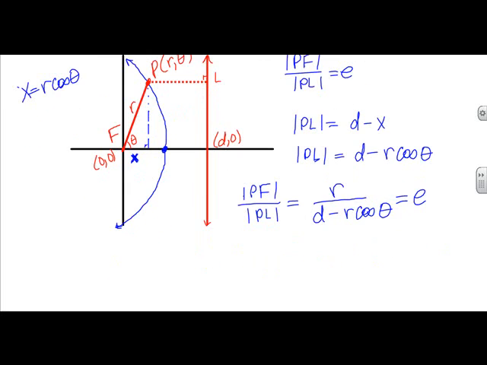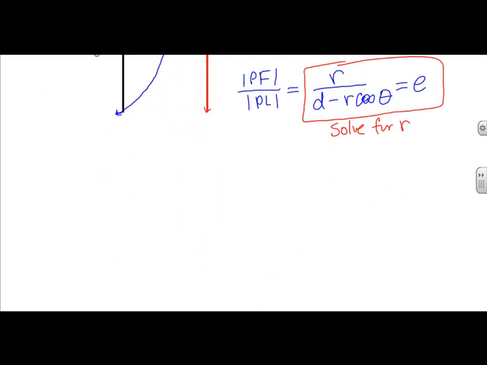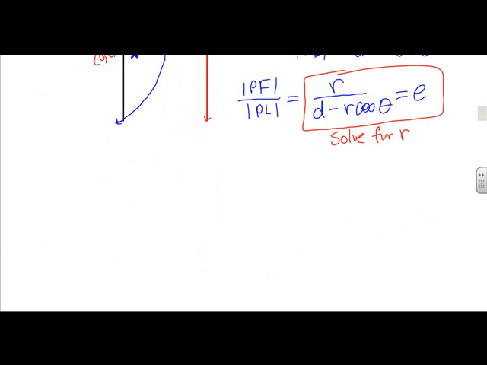Now if I take this equation and solve for r, I'll leave the steps to you, but you will get r is equal to ed over 1 plus e times the cosine of theta.